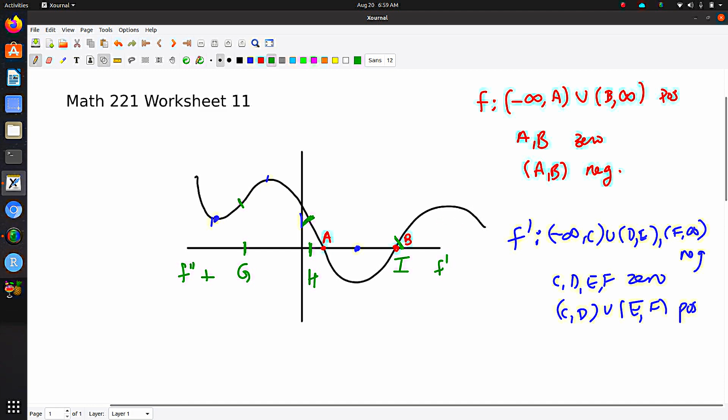So this part is F double prime negative. This piece is F double prime positive, because, you know, it's a cup. You're collecting water. And then F double prime negative, you're spilling.